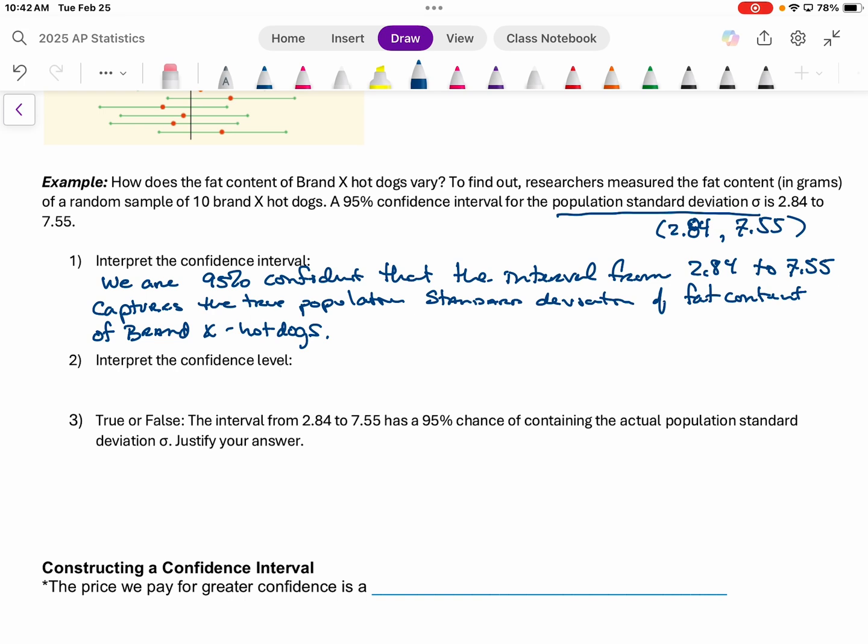Again, as we progress through this chapter, it's going to be mainly proportion that we say, the true population proportion. And then we talk about what our variable was. In this case, it was fat content of brand X hot dogs. Okay, we do not reference the sample size in this one. We're going to reference it in the next one.